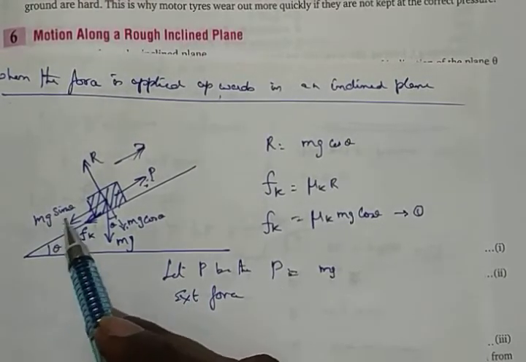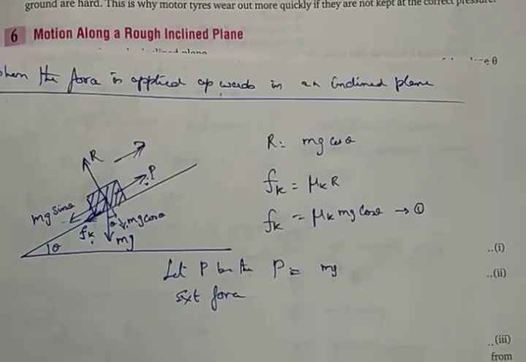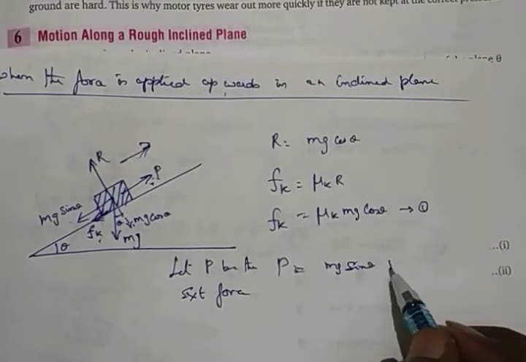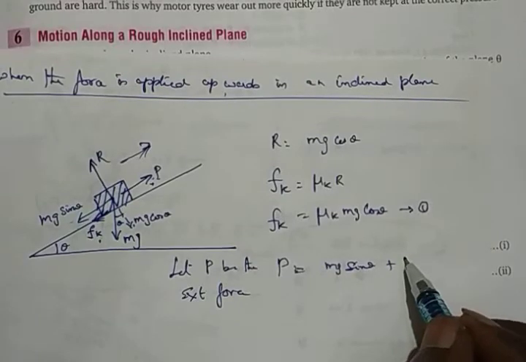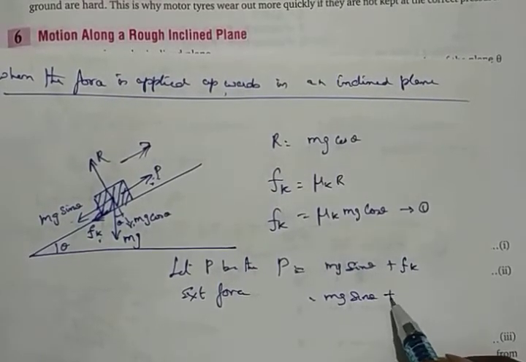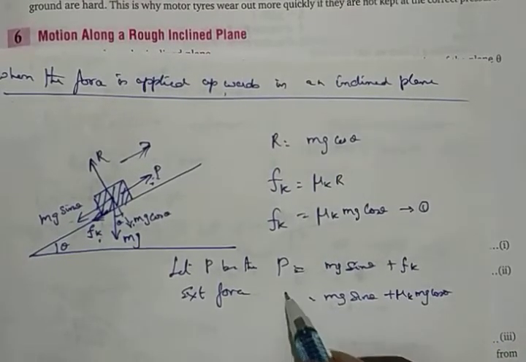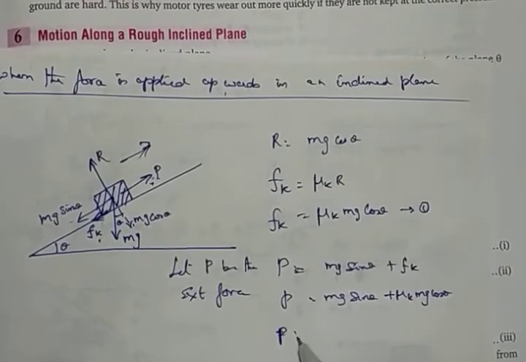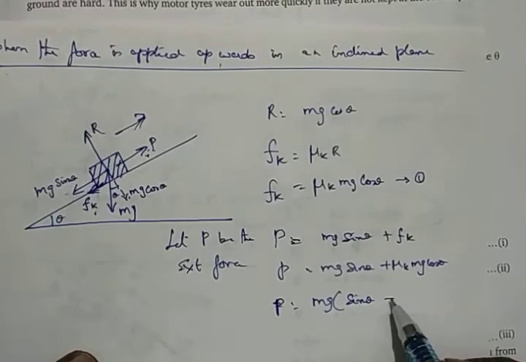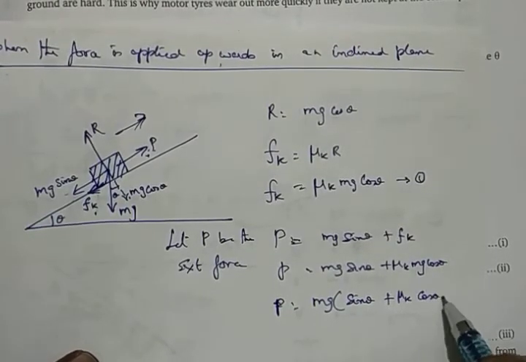So you get mg sin theta plus Fk, which is mg sin theta plus mu k mg cos theta. That's P. So P is equal to mg, taking it common outside, sin theta plus mu k cos theta.